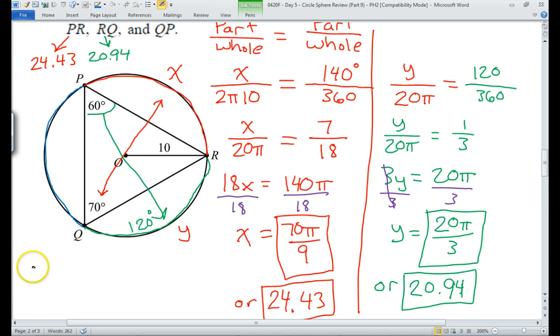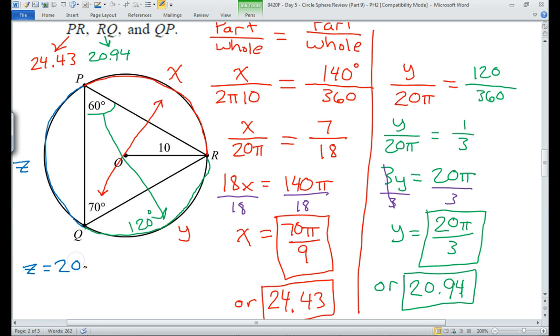Well, I'm hoping you were just thinking that, let's call this Z, this remaining length Z, the length of arc QP, will be the whole length minus the two lengths that we just found.